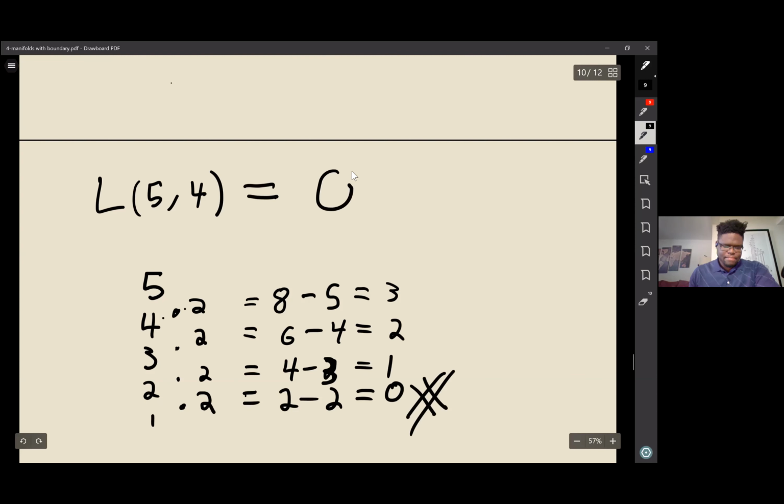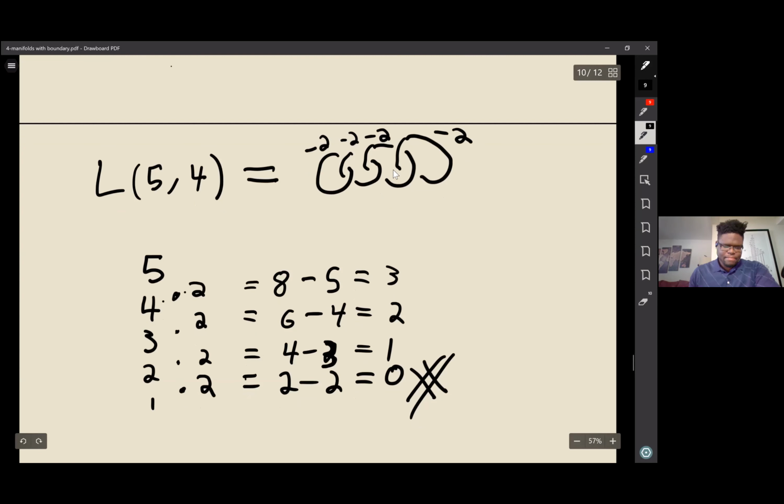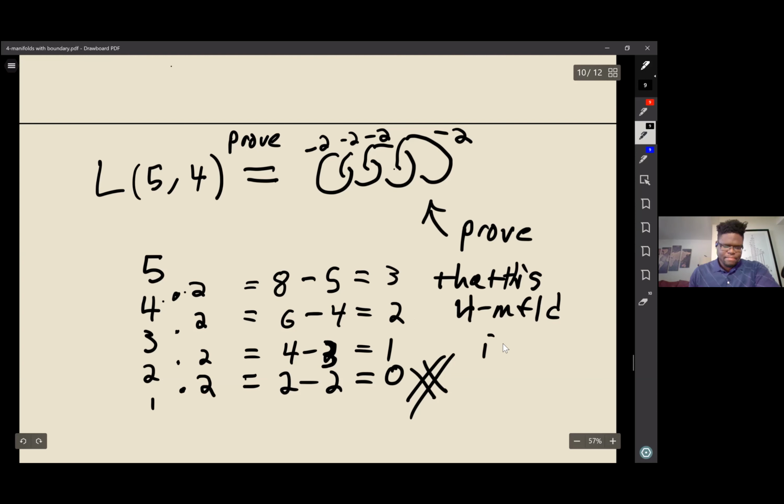So I'll leave as an exercise to verify that L(5,4) is homeomorphic to this manifold presented by surgery, and also prove that this four-manifold is negative definite.